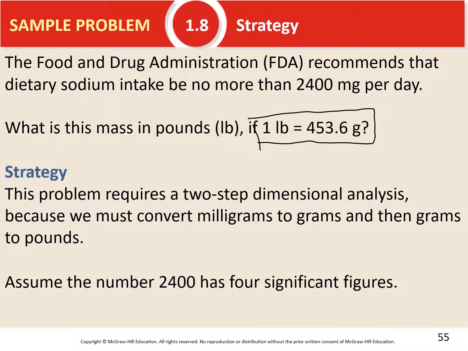I don't want grams in the end though. Note, in the end, I'm talking about milligrams. So now I'm going to have a second unit factor. I need to find a relationship between grams and milligrams, and they gave me the relationship between grams and pounds.